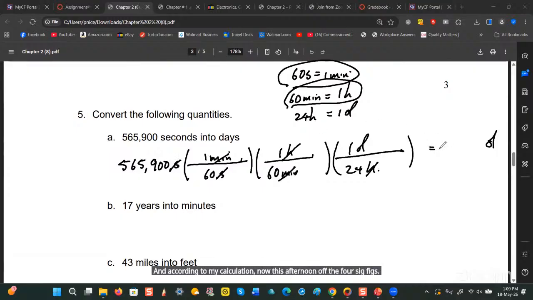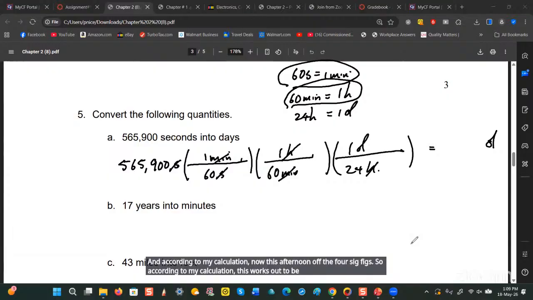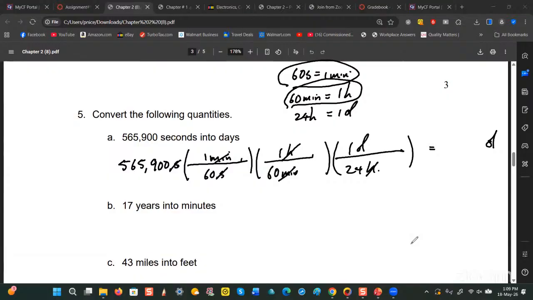According to my calculation, this works out to be 6.550 days. And that's how that is done. All right? Any questions about this one? Any questions? No questions?